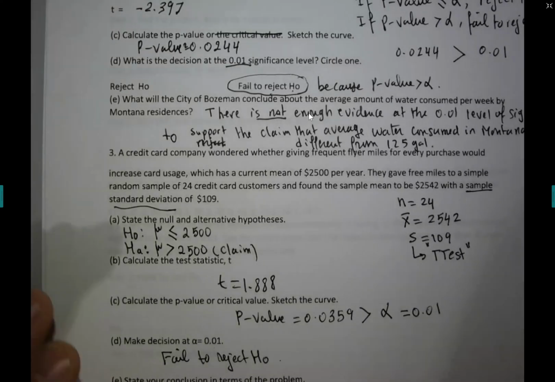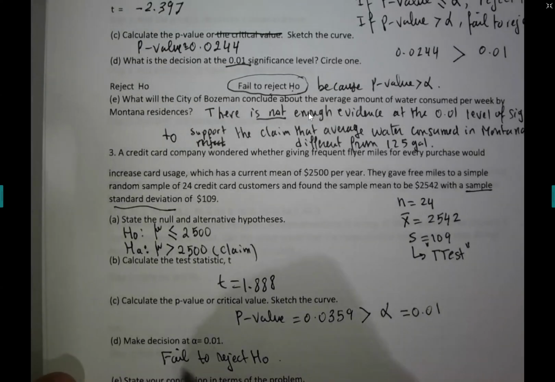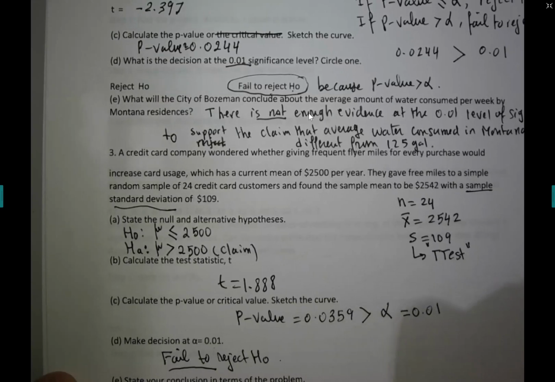As I told you when I first introduced this chapter, it is about making one of two decisions: either reject the null hypothesis or fail to reject the null hypothesis. And your conclusion. Okay, I'm going to try to be consistent with what I said earlier. When I say fail to reject, you say there is not enough evidence at the 1% level of significance, or 0.01 level of significance.